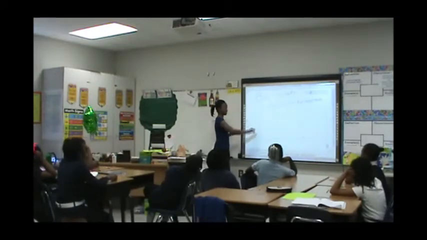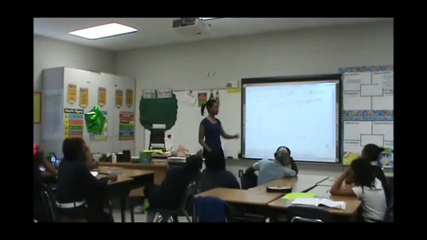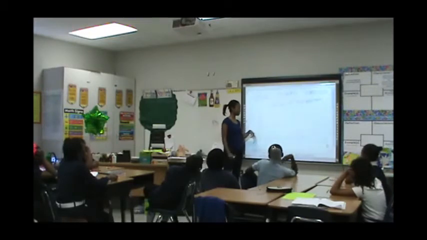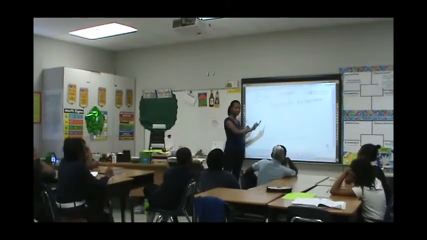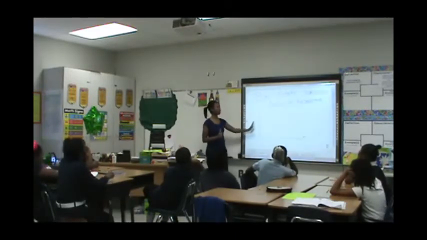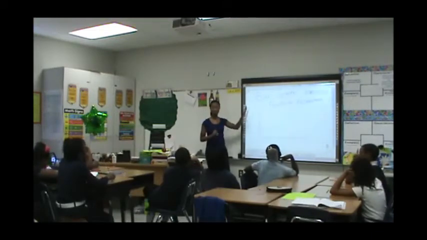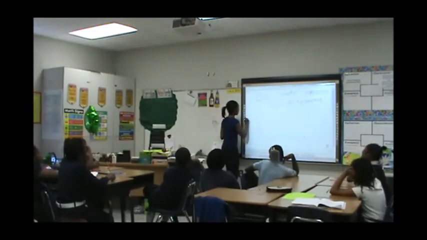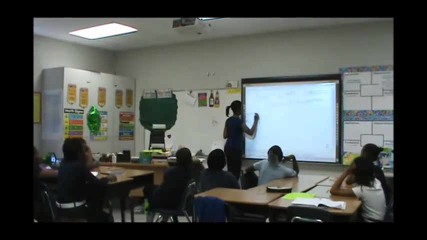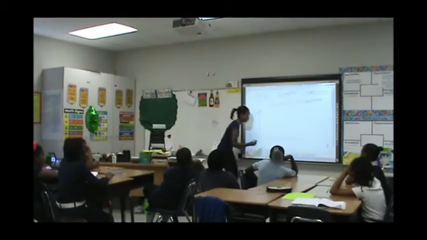This is vertical, meaning up and down, right? Horizontal, going across. This is also known as the y-axis, and this as the x-axis. So we have our title. On the vertical side, on the y-axis, we explain the numerical value, the number value, right? On the side, I'm going to name it the amount. I can't write sideways, so I'm going to write it like this. Amount. And down here will be the restaurants.